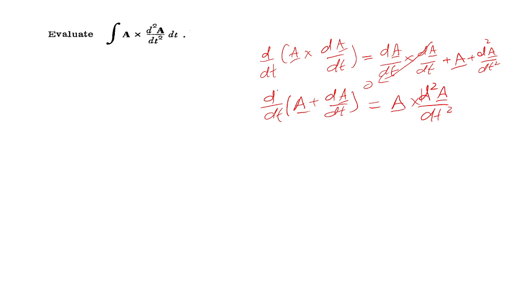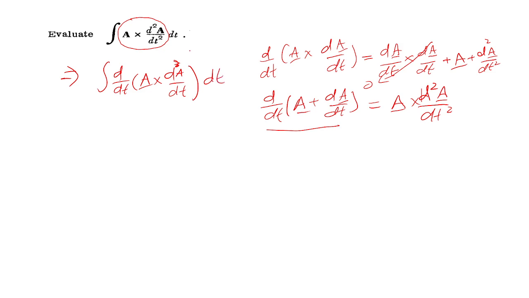So you see the integrand is a cross second derivative of a, so I will replace this by this value. So this implies the integral is the d by dt of a cross, not second derivative, dA/dt, and whole dt. This is given over here. So this is the first derivative, there is no square.